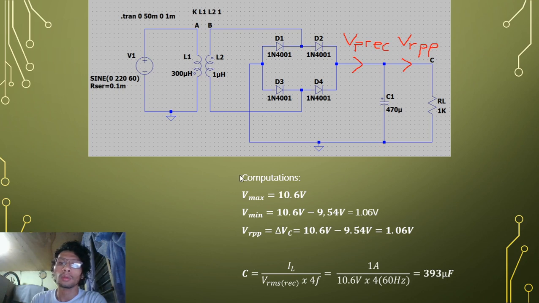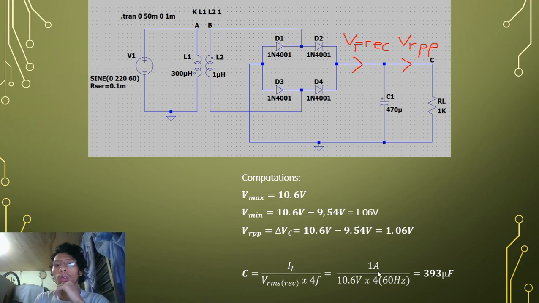So to find the exact amount of the capacitor needed in the rectifier circuit, the formula will be: capacitor is equal to the load current over the voltage RMS of the rectified voltage times 4 times frequency.